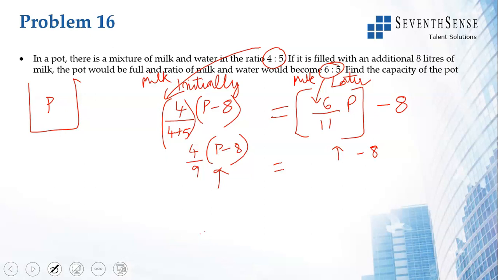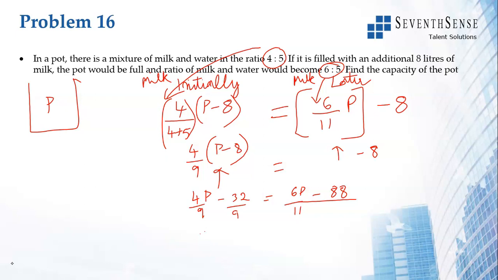So if I simplify, 4 by 9 P minus 32 by 9 is equal to 6P by 11 minus 8.